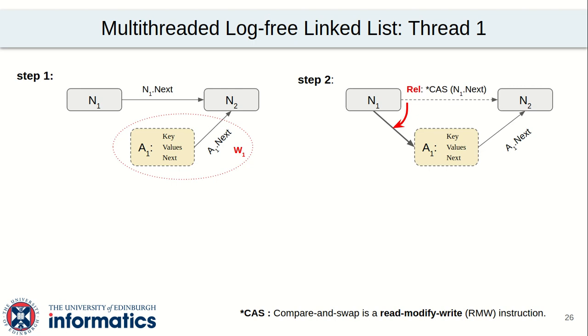Then the new node A1 is inserted into the linked list by performing an atomic compare and swap instruction, flipping the next pointer of N1 to make it point to A1. This compare and swap instruction is labeled a release because the compare and swap must take effect only after the previous writes have taken effect.